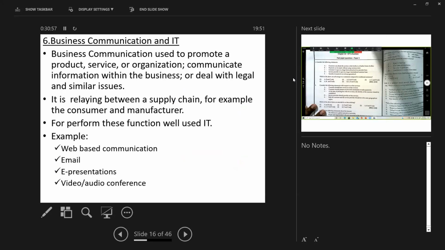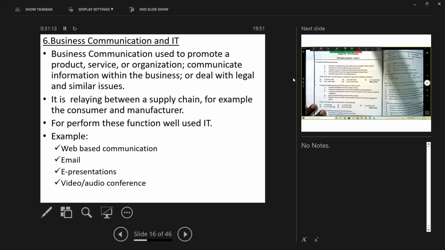Then the final one, business communication and ICT. Business communication is used to promote a product, service or organization, communicate information within the business, or deal with legal and similar issues.